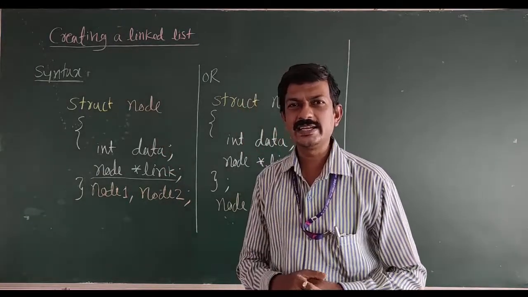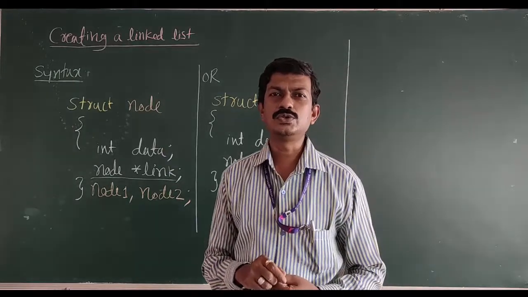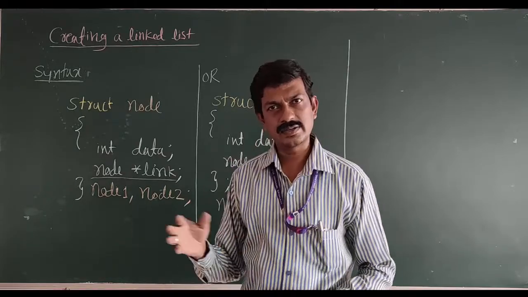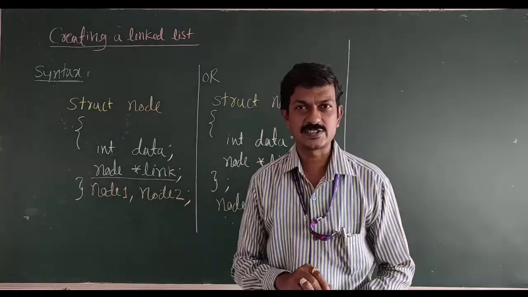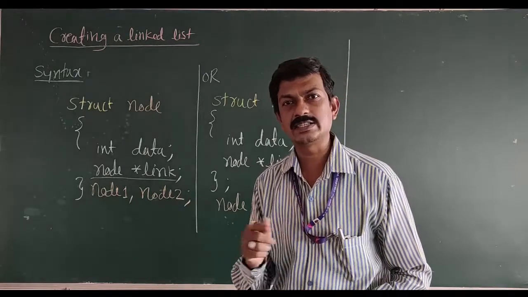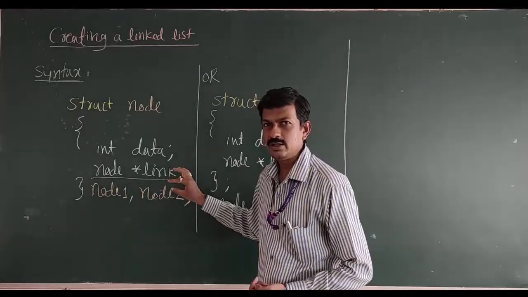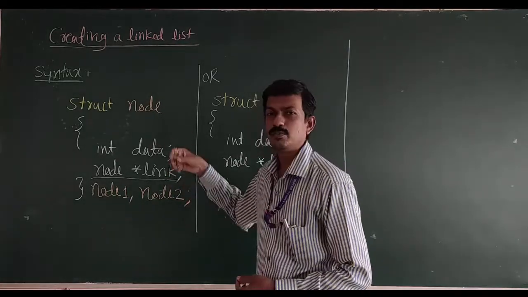A linked list is a linear collection of data items called nodes. A node contains two parts: a data part and a link part. The data part contains the actual data items. The link part contains the address of the next node. For that, we declare a variable with a pointer type.